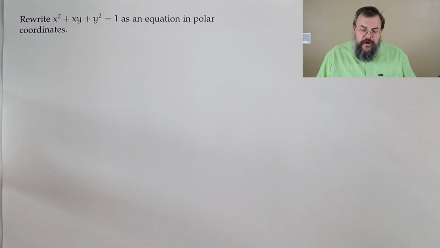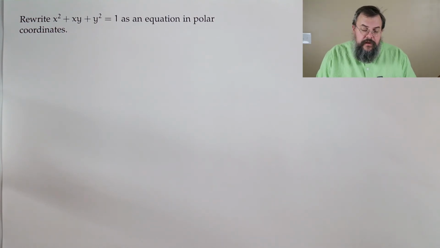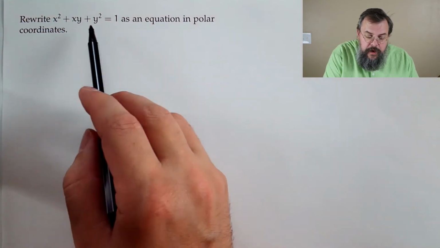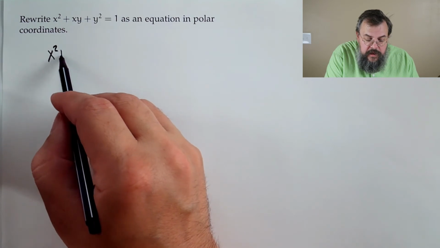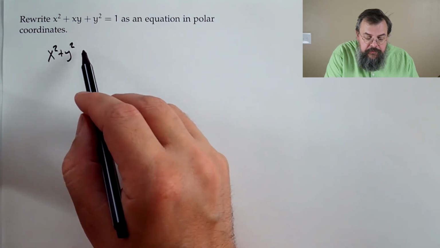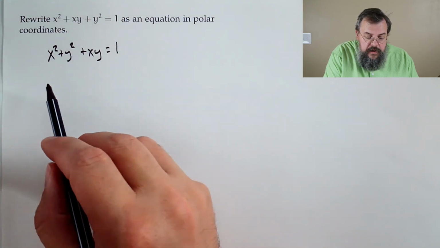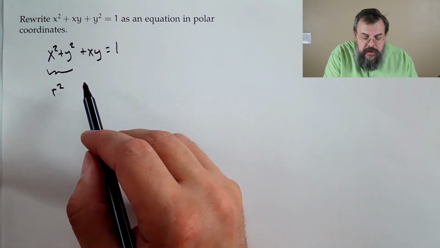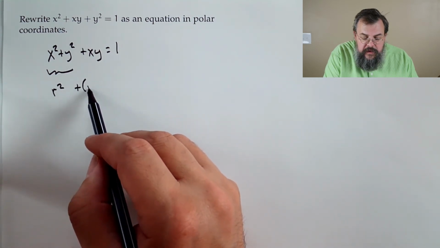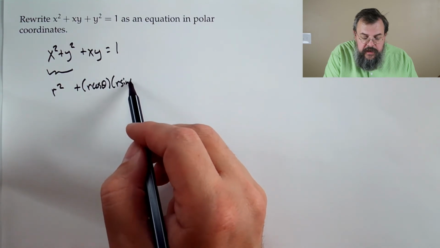So, what we need to do is just do what we've been doing, right? We see an x squared and y squared. So we say, okay, really this is x squared plus y squared plus xy equals 1. So x squared plus y squared is r squared. All right, x is r cosine theta, y is r sine theta. Great.